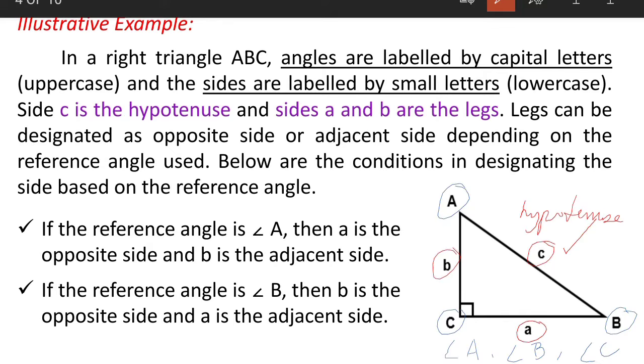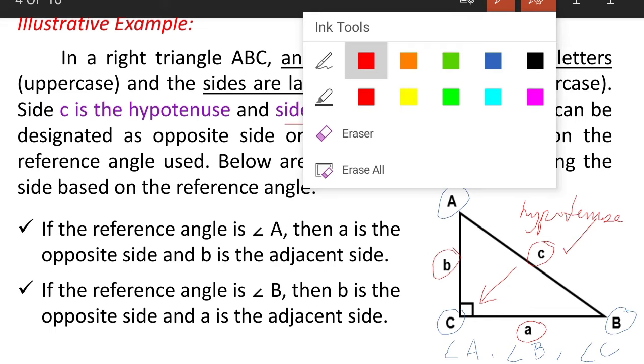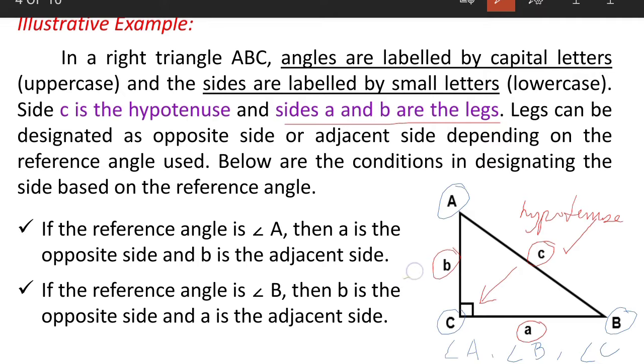Because side c is the longest side and opposite the right angle, which is angle C. While sides a and b are the legs.